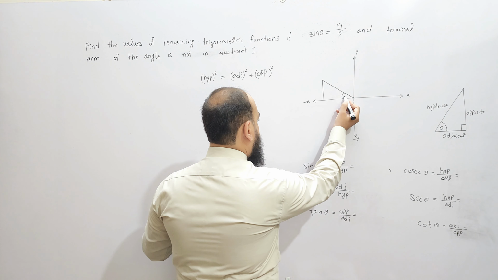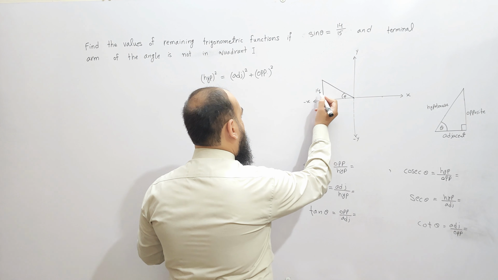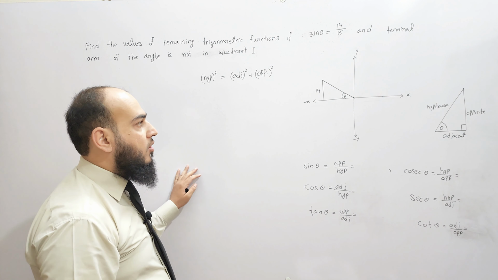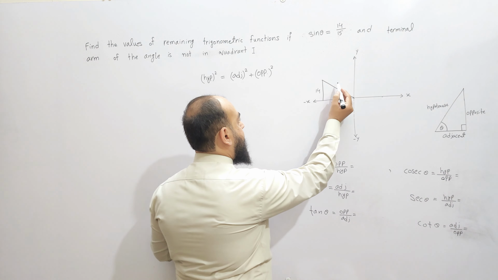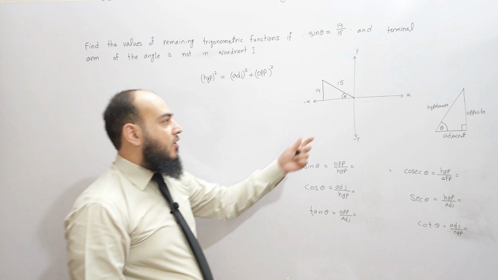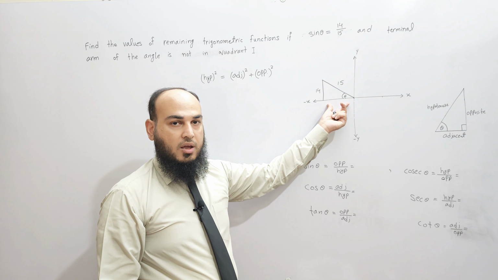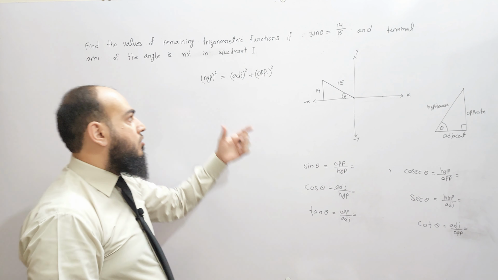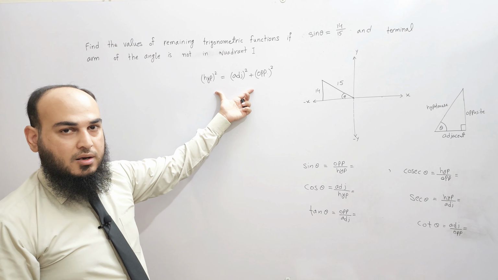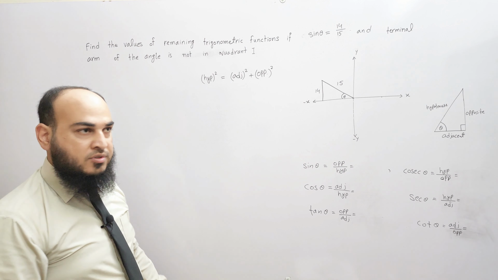This is theta. The opposite side is here, that is 14. Hypotenuse is 15. Now we have to find this remaining side, that is adjacent to theta. For that, we use the Pythagoras theorem, that is hypotenuse square is equal to adjacent square plus opposite square.